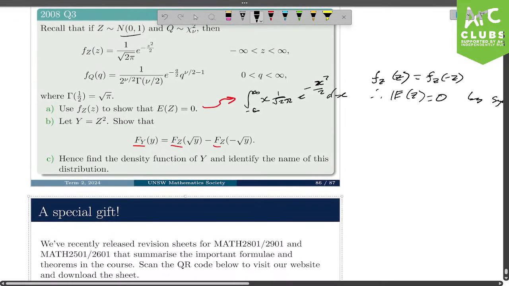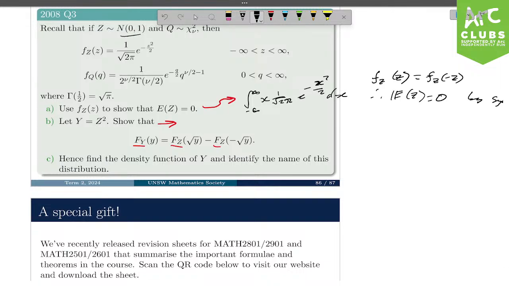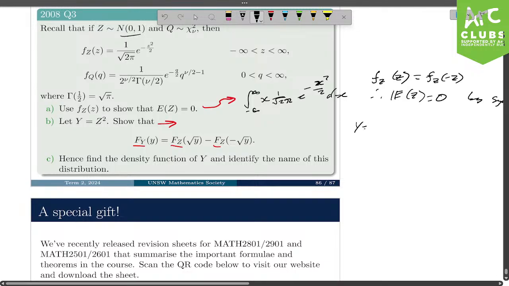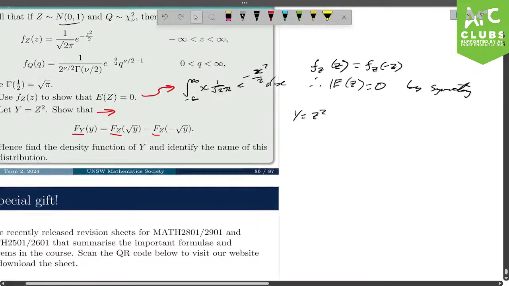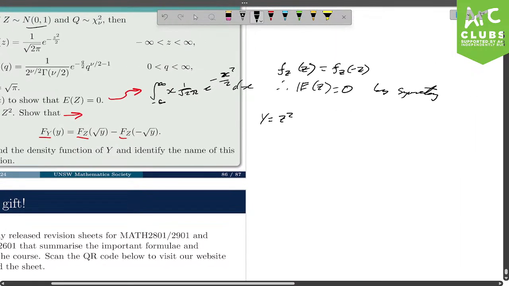Now, when we allow a functional change, a change of variable, a variable transformation, we can show that if y equals z squared, and I want f of y, I can just apply the same trick as before.